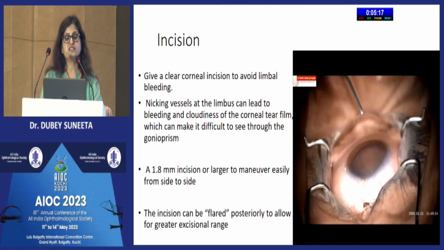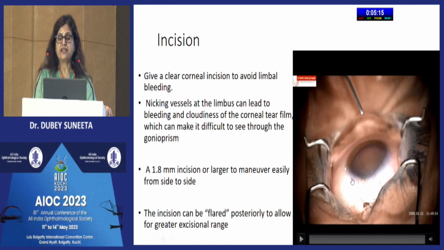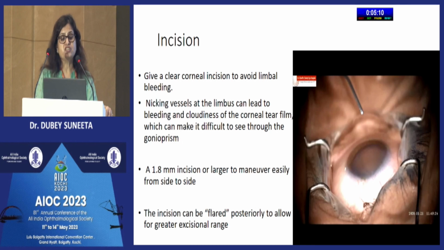Now, as far as the incision is concerned, when you are combining with cataract surgery, or even without cataract surgery, you have to make a clear corneal incision so as to avoid limbal bleeding. Because if you make the incision at the limbus, you can nick the limbal vessels, which can hamper the visibility of your procedure, because blood can just spread over the cornea.